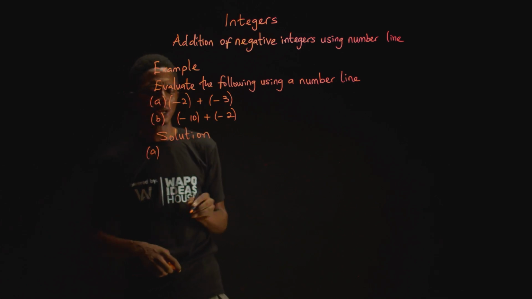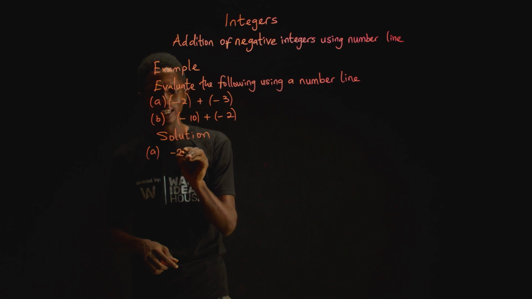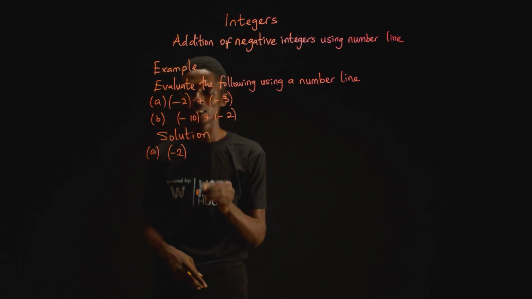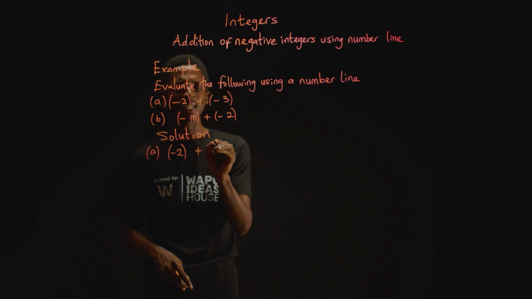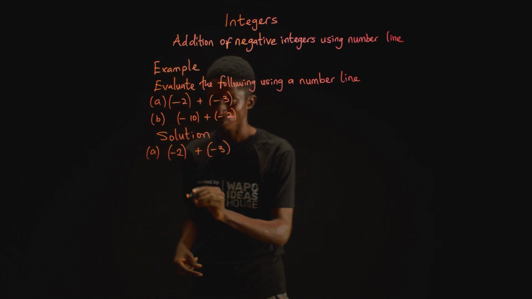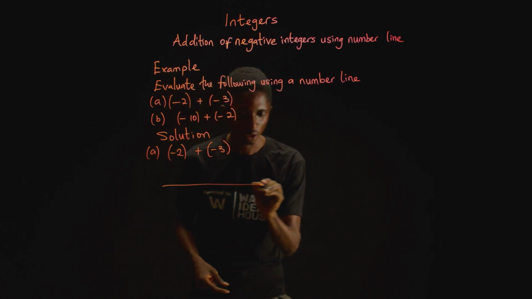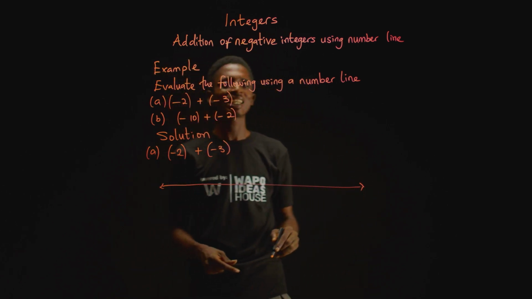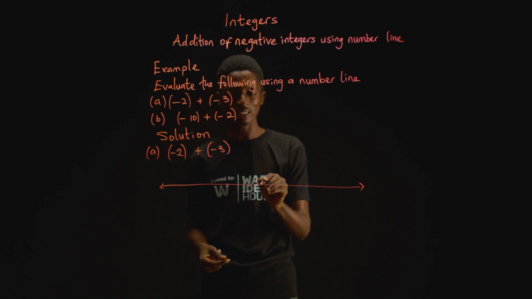So the first expression, we have -2, which shows that this integer is a negative integer. And then we are adding it to -3, another negative integer. Now you draw your number line and indicate the integers appropriately.